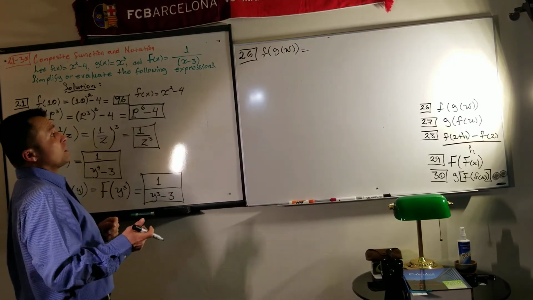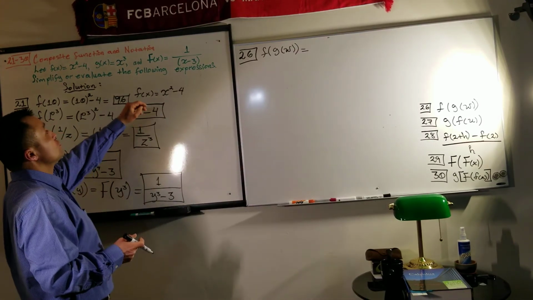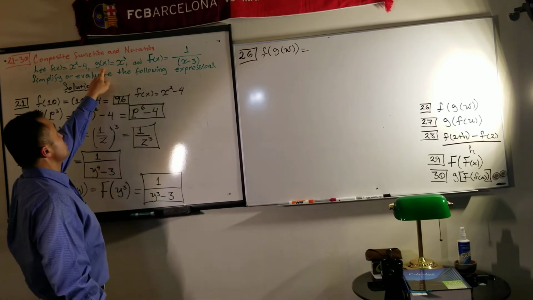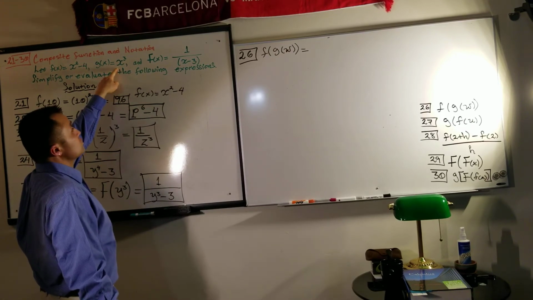Let's find the function g of x. G of x is gonna be equal to x to the cube.